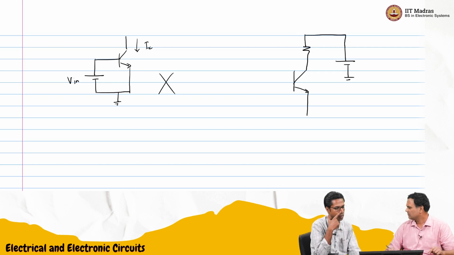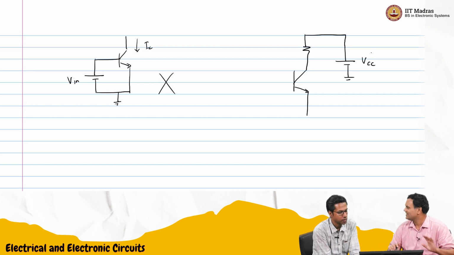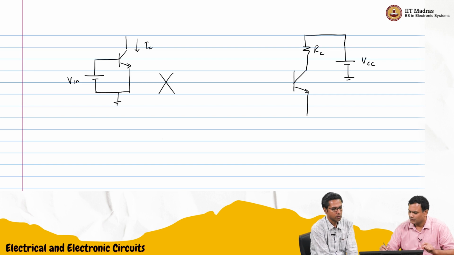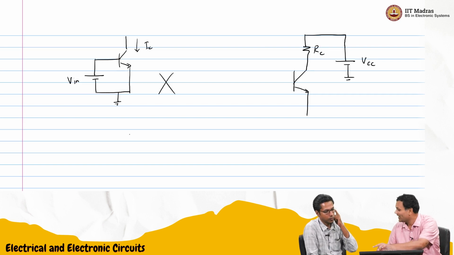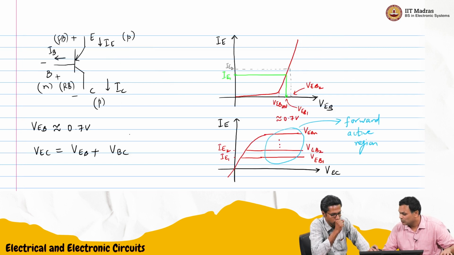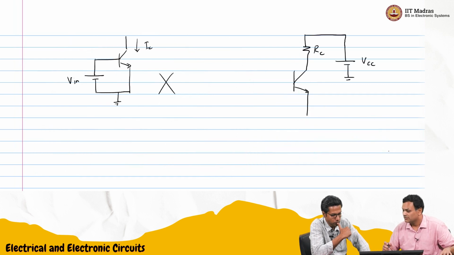It's going on the collector side, so I'll call this VCC, and the collector side resistance I'll call RC. Now I can make sure VCC is very high. As you can see, when VCE is very high, it is in the forward active region. So I can choose VCC high enough that it is in the active region.